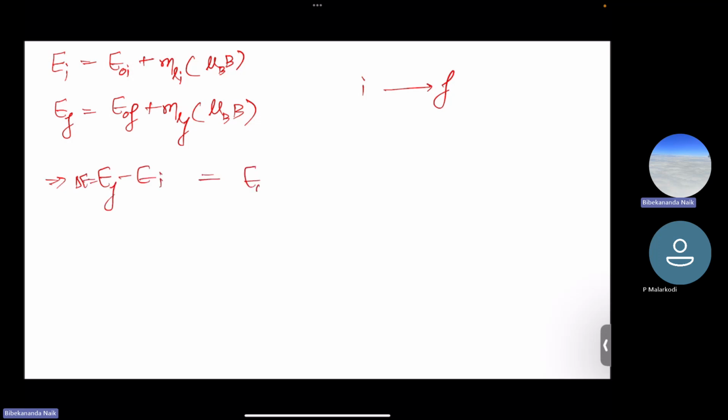It will be E0F minus E0I plus MLF minus MLI mu B.